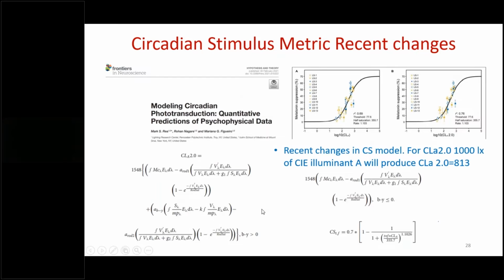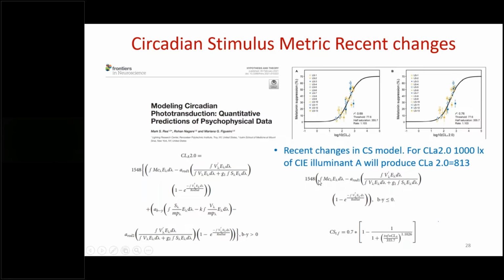I don't want to go too much into mathematics. It's quite complicated, but this is a two-state system where B and Y are blue and yellow. Depending on the value of the blue minus yellow intensity, you would use a different formula. In the previous version, if B minus Y was greater than or less than 0, this had only this term, 1548.